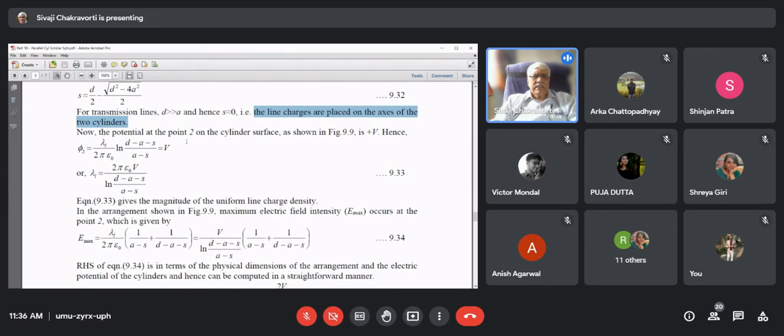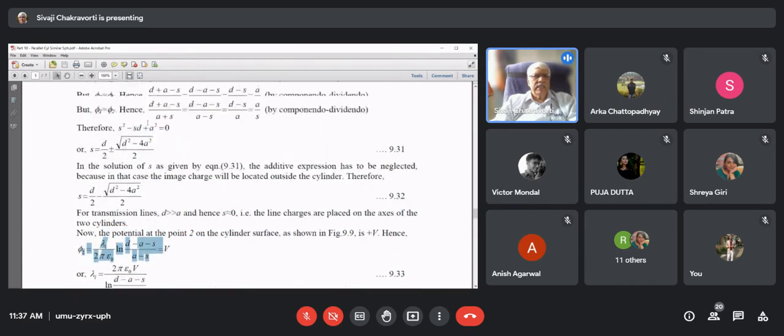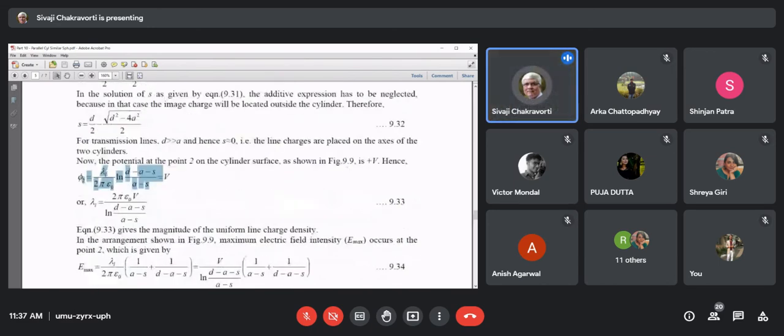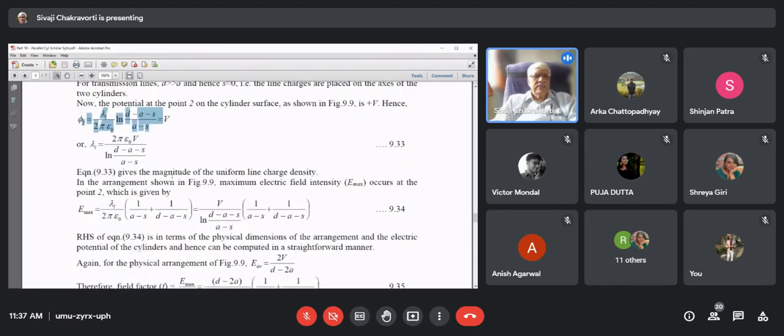And then we extend it, we say the potential at the point 2 on the cylinder surface, that is, of course, the positive cylinder, so potential is plus V. So I write this expression, which is, of course, already developed earlier, here equation 9.30. Now we are saying that this potential equals V. And therefore, you can clearly see that I can find the magnitude of the charge lambda 1.